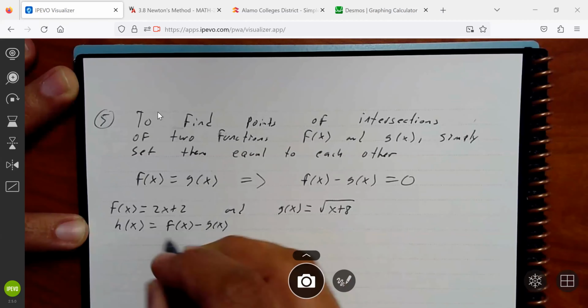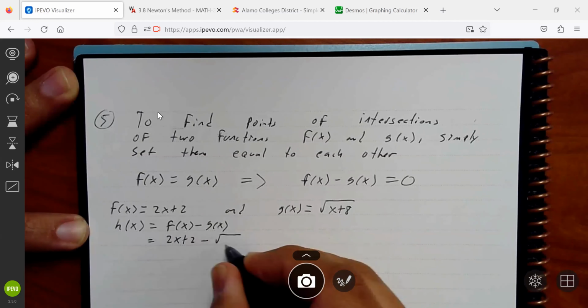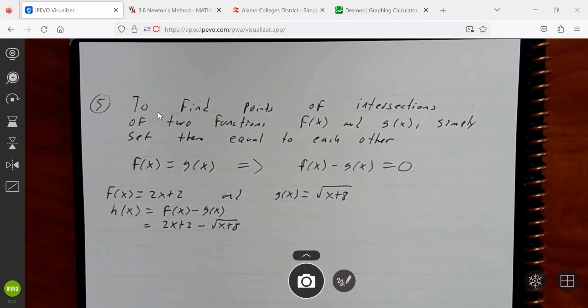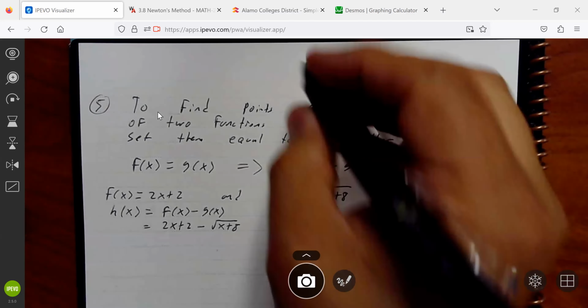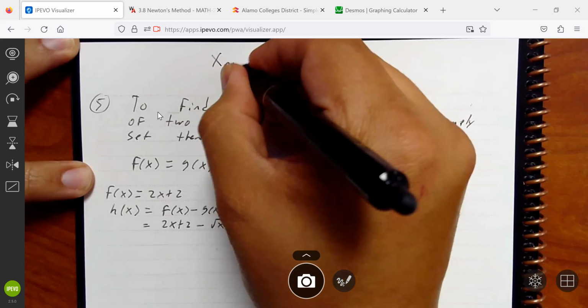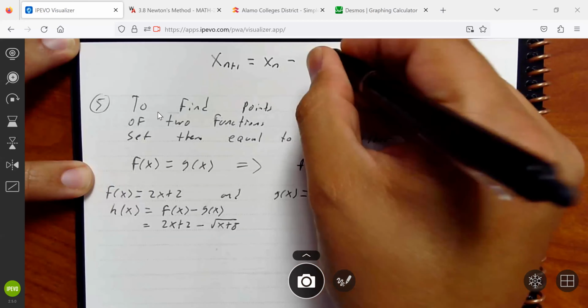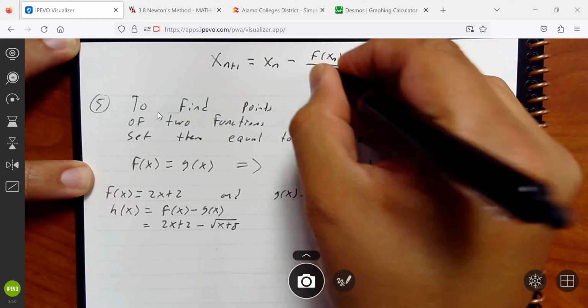So the difference... So we're going to apply the formula, right? x n plus 1, the next one, is equal to the previous one minus the function at that previous point over the derivative at that same point.